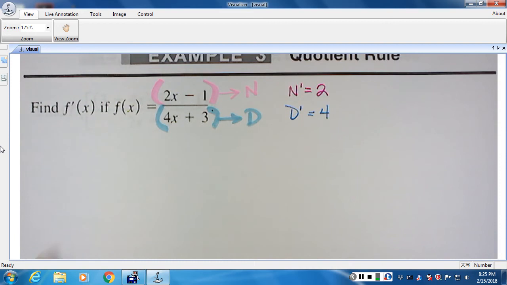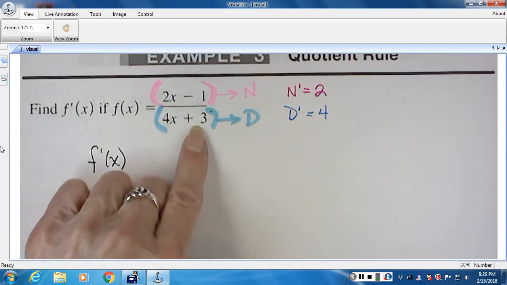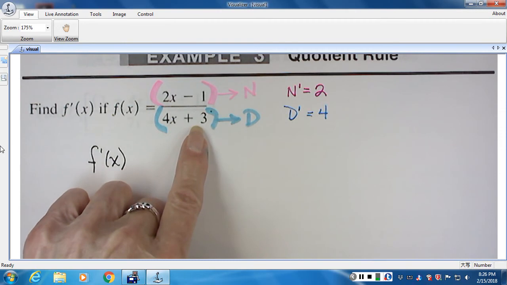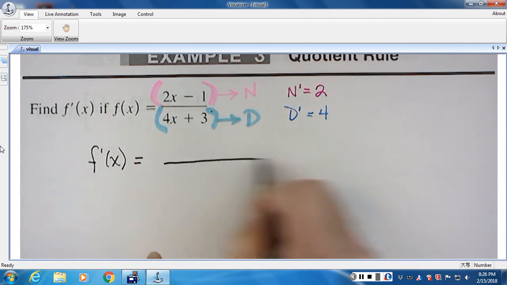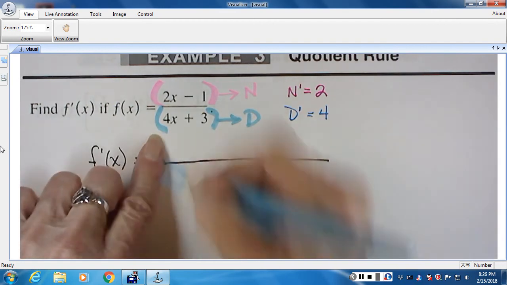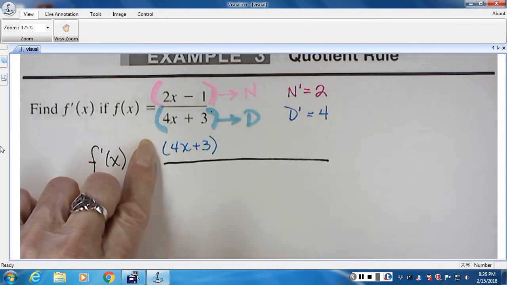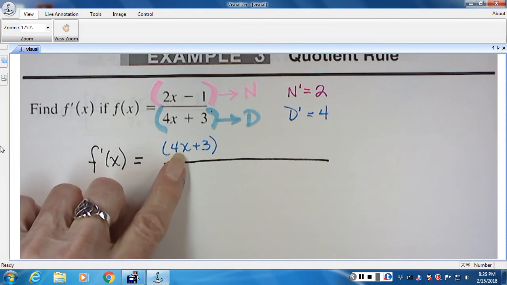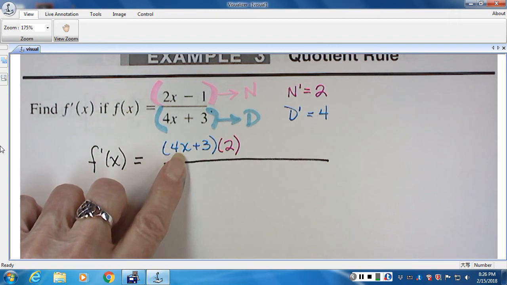So f prime, you're going to lead off with the denominator. Always go to the bottom first. The denominator is 4x plus 3. Just like with the product rule, it swaps derivatives with the numerator. So it takes the numerator's derivative, which is 2. But rather than add, it subtracts.